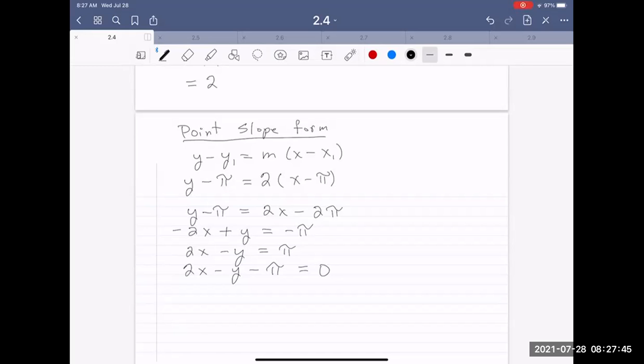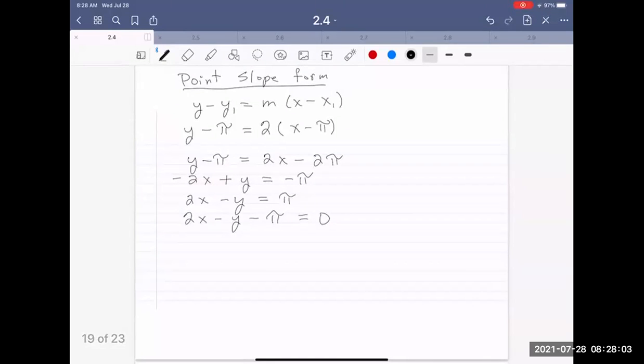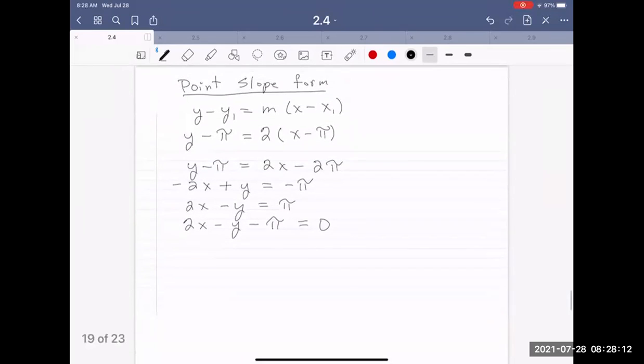Only if you happen to be asked that, in this case you want to write it in the general form. The general form is nice, especially if you're doing it in multiple dimensions, but in one dimension it's not that. My favorite form is probably the point-slope form.